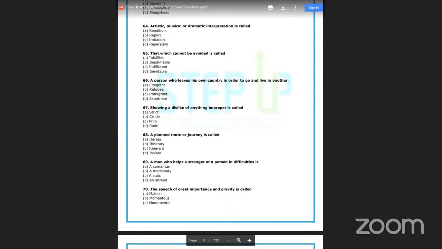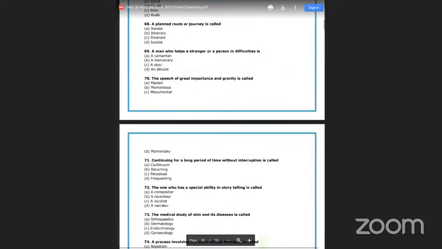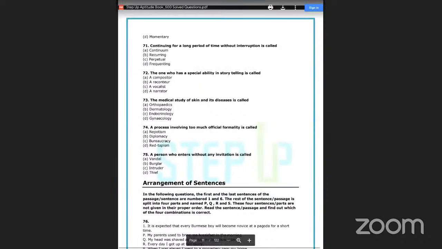A person who can leave his own country in order to go and live in someone else's is an immigrant. So that's something which cannot be avoided. It's inevitable. Clear? Now we'll do from 71 to 75.